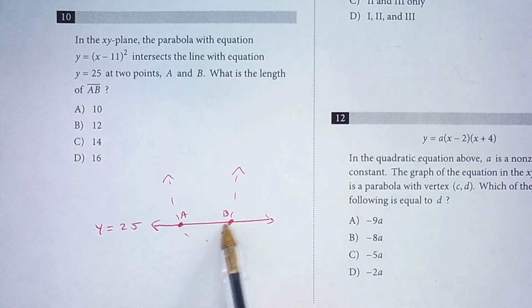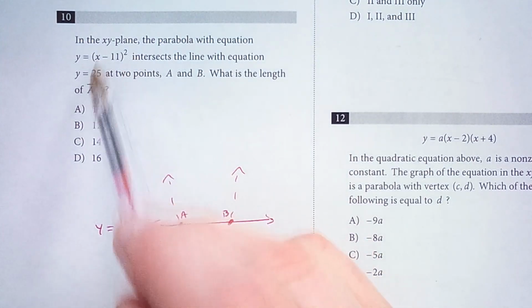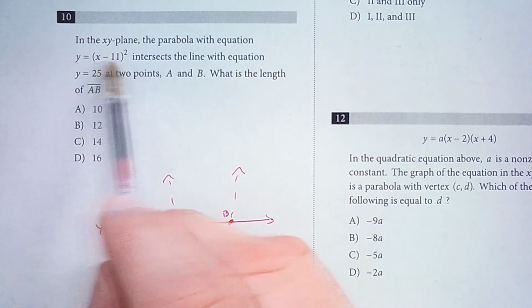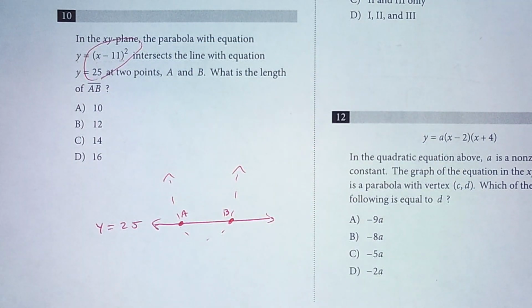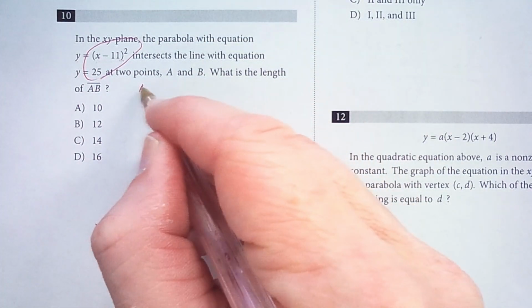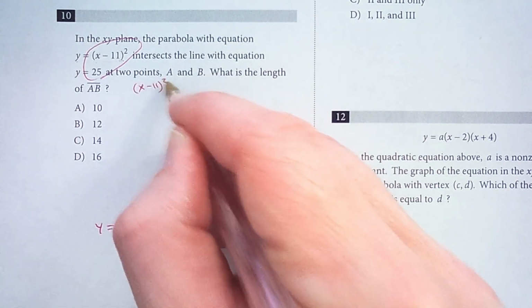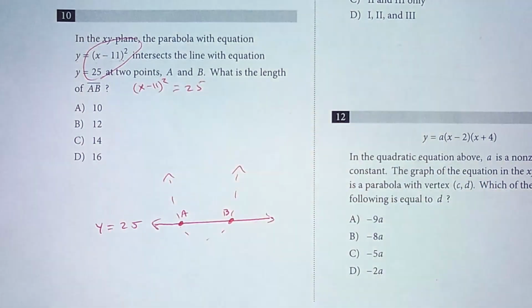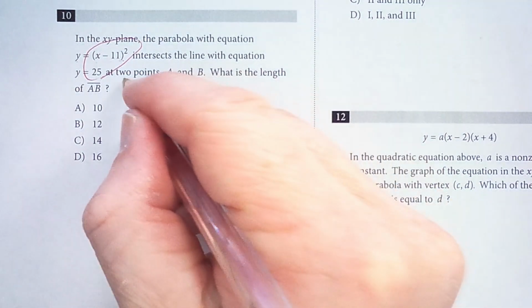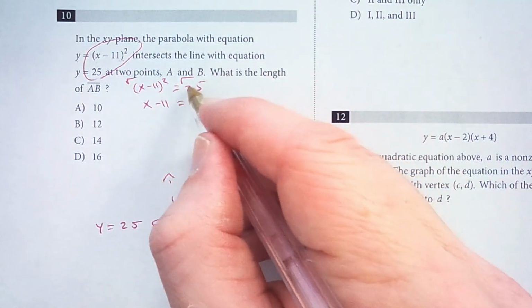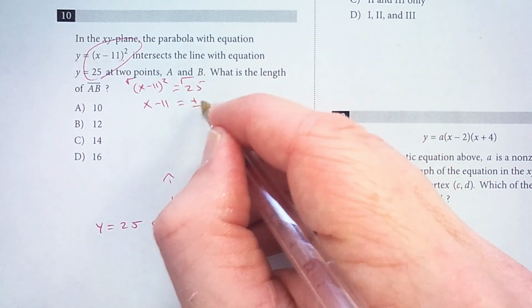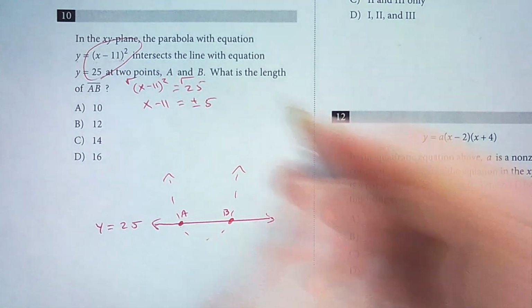So I need to know these x values where the two intersect. Okay? So the two will intersect when they are set equal to each other. So if y equals this and y equals this, then I can say these two equal each other, and that will give me my two intersection points. X minus 11 squared equals 25. Now I can take a square root right here and get x minus 11 equals plus or minus the square root of 25, which is plus or minus 5.